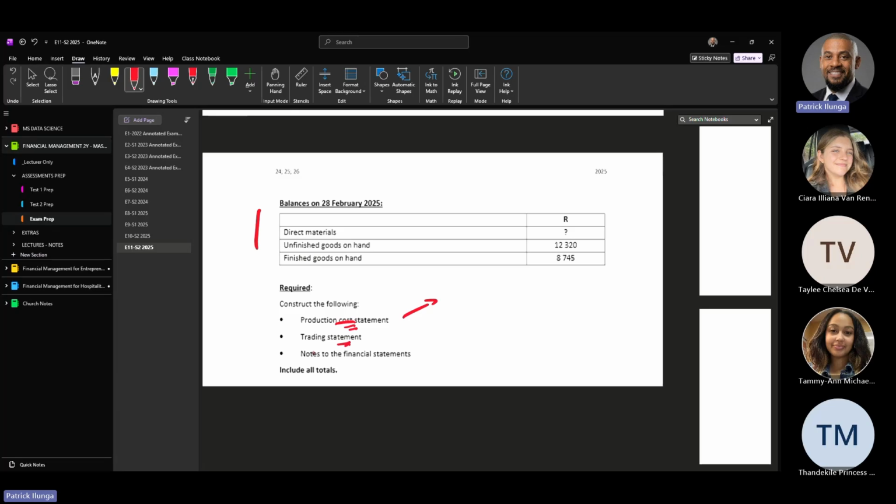I need the cost of sales for the product sold. Remember that cost of sales is for the product sold, not for the product manufactured. You remember that, guys? I was insisting on that. So I know I will need the revenue minus the cost of sales, and that's it. And then I get the profit, because we want to find out what's the trading there, right?